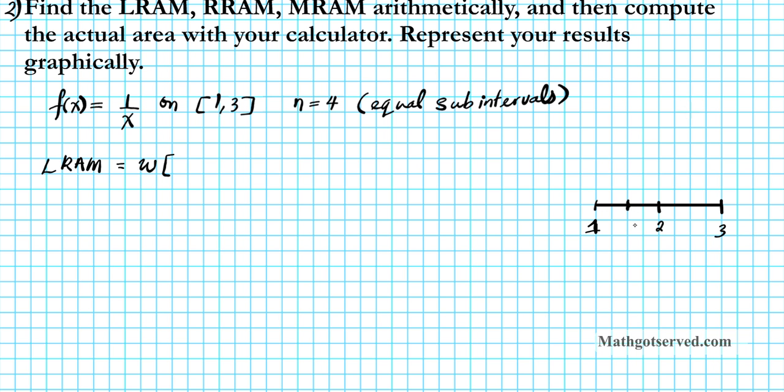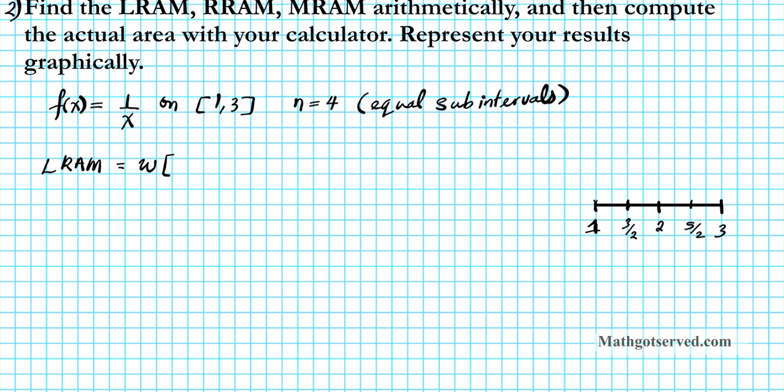We know this is 3 over 2, or 1 and 1/2. And then the interval between these two, I'm going to divide it down the center. That's going to be 5 over 2. Okay? All right, now what does LRAM look like? For the left rectangular approximation, we're going to pick all the points to the left of the right endpoint, which is 3.